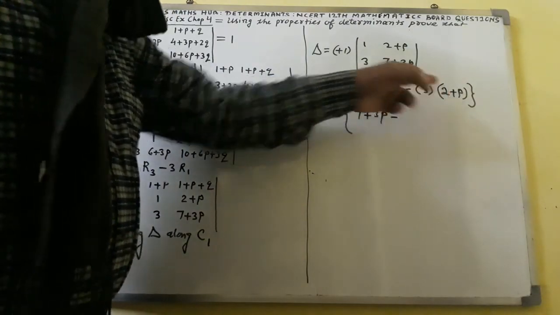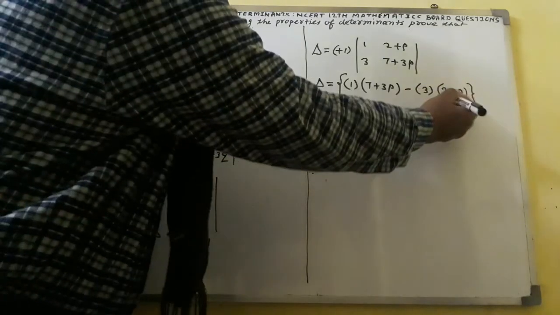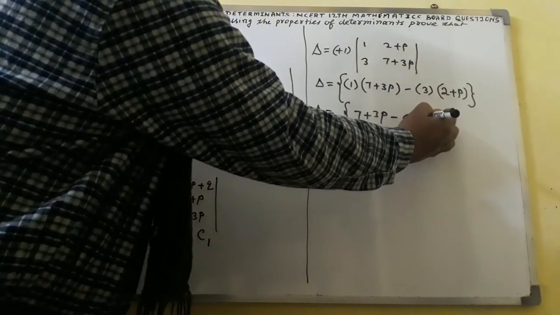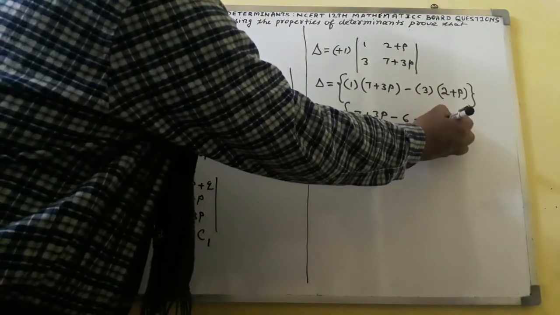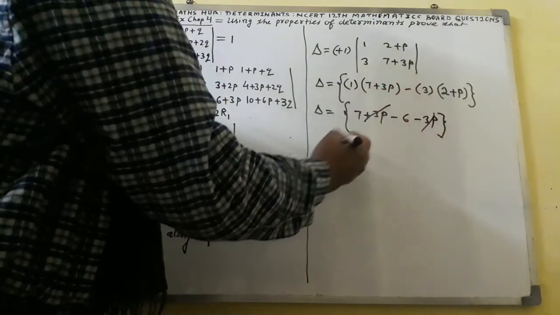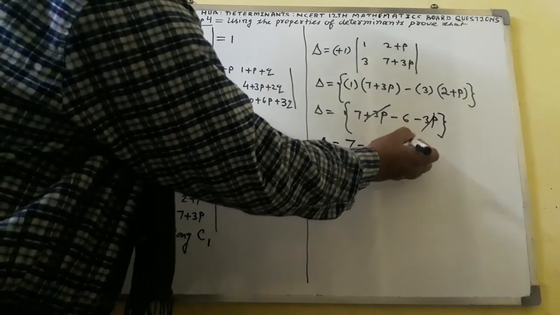3 will multiply to 2, comes out to 6. Minus will multiply together, will get minus. And 3 will multiply to p, comes out to be 3p. This thing you will get. This thing will be cancelled out. So here you will get det is equal to 7 minus 6, comes out to 1.